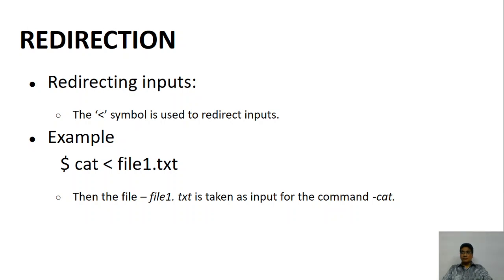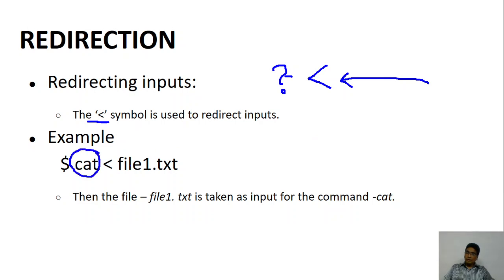We use some standard symbols for redirecting. The symbol for redirecting the input is less than. It means the input is going to come from something into the command that you are typing. So if you have a command like cat, the input to this is going to come from this file.